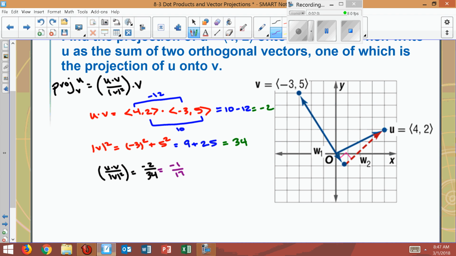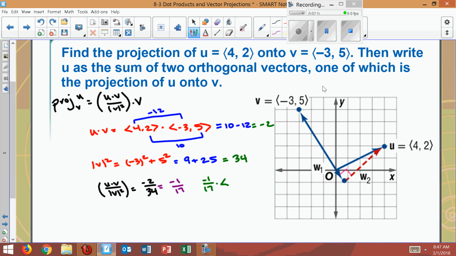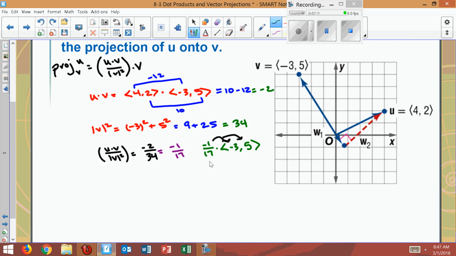So let's now over here and have -1 over 17. And we're going to distribute that through the vector v, which again, the vector v was -3, 5. I'm going to distribute this through. We're going to get some awkward numbers that are not very common to math, but nevertheless, it's going to be the correct answer.